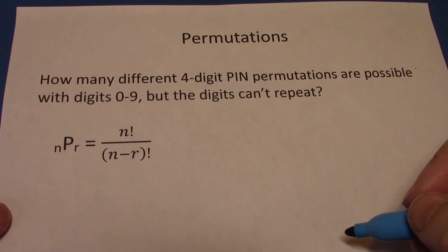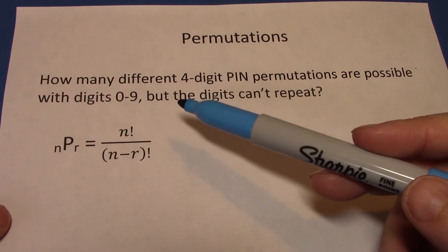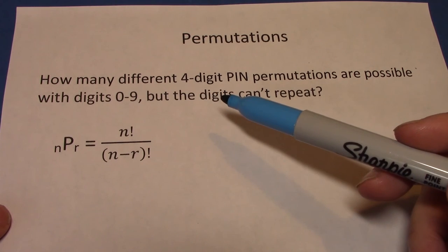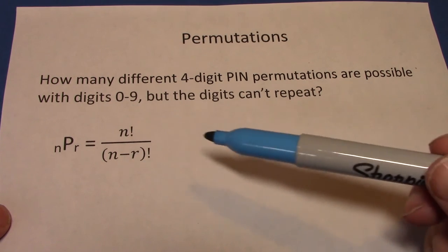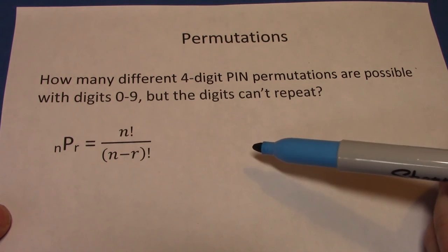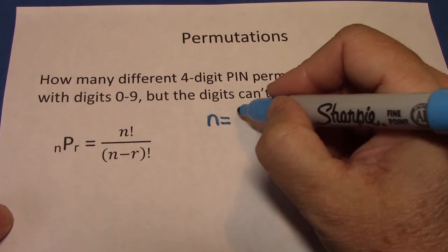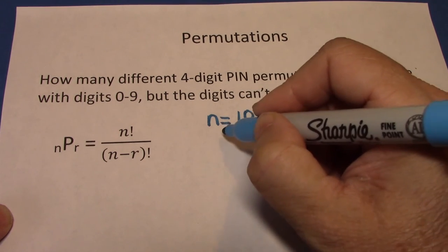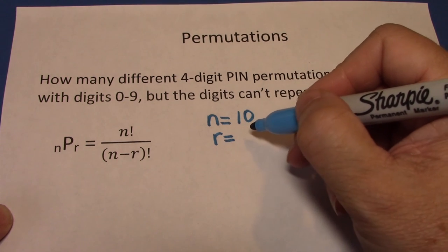Let's do one more example of that kind of permutation. So now we're going to look at a 4-digit pin that we can select. And again, we're going to use the digits 0 to 9, but we can't repeat the digits. So n is the number of digits that we can have. That's 10. R is that we can only choose 4 slots.